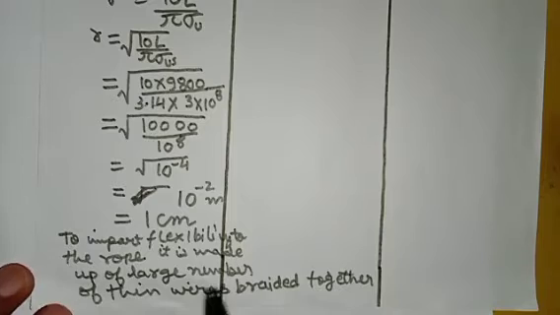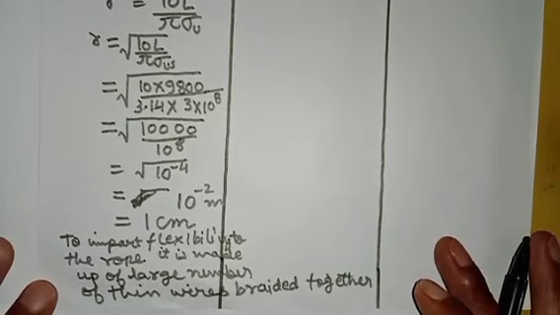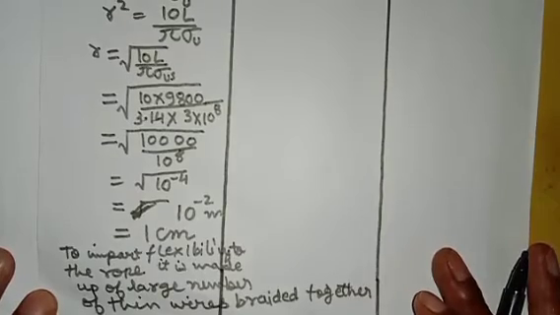That is why you often see ropes made up of a large number of thin strands. All right, so this is how we measure thickness of required rope.